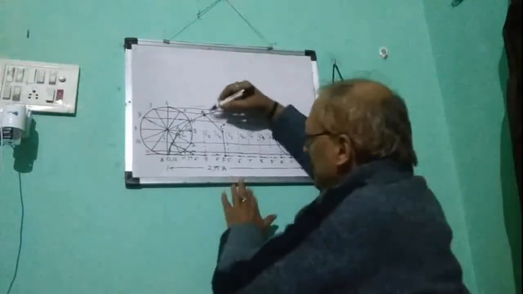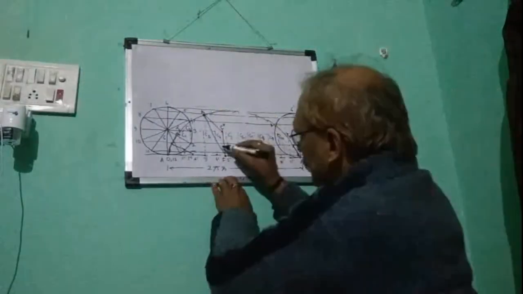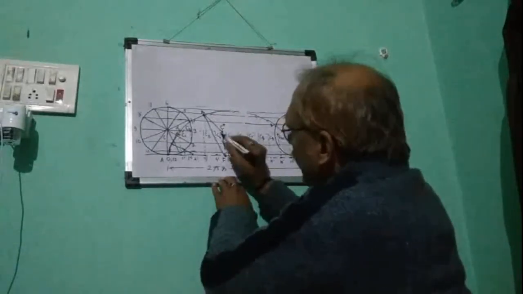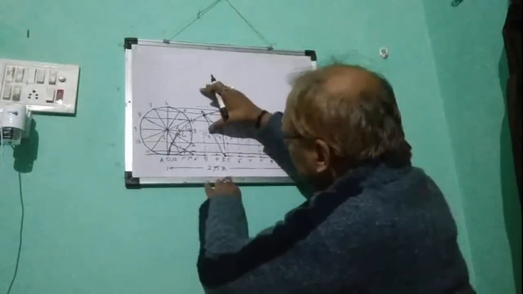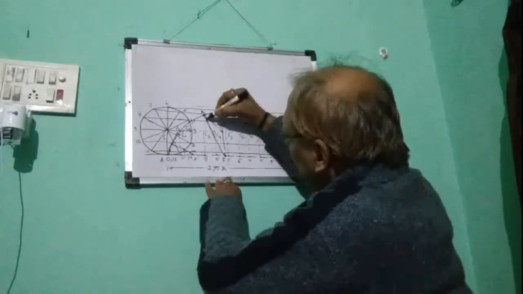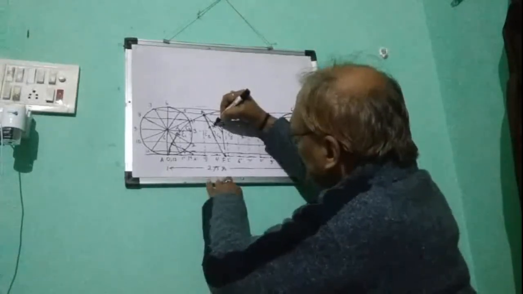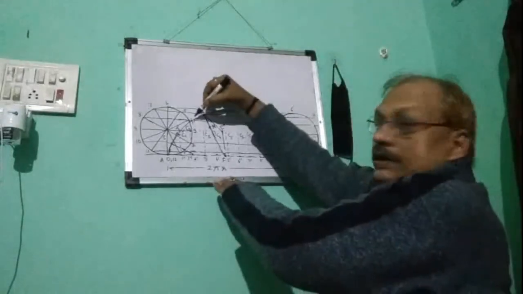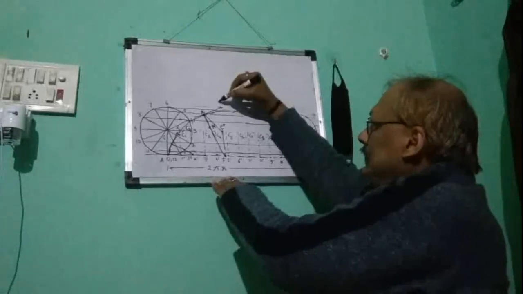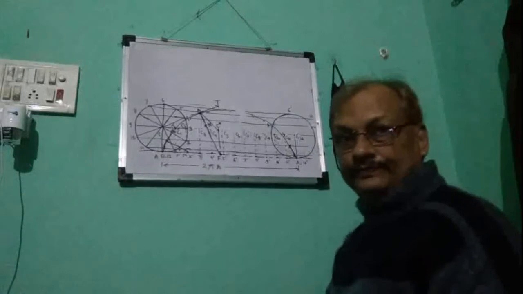So this is to be joined. So this is normal, and tangent will be 90 degrees to this. This will be tangent. Okay.